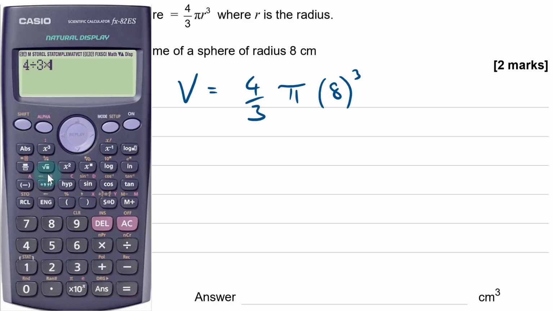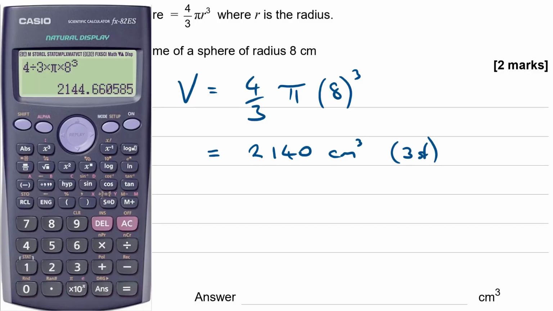So 4 divided by 3 times pi times 8 to the power of 3. I make that 2,144 and change, so I'm going to round that to 2140 cubic centimeters to 3 significant figures.